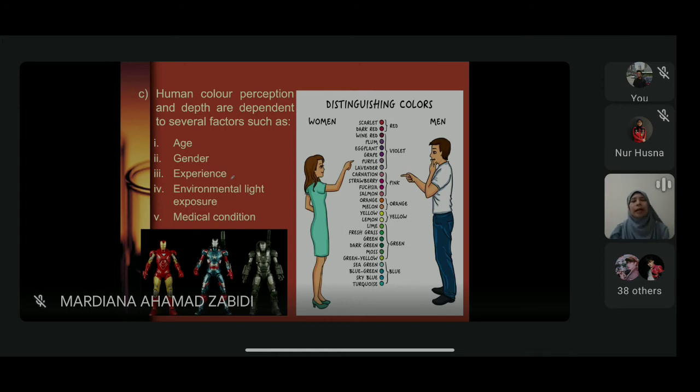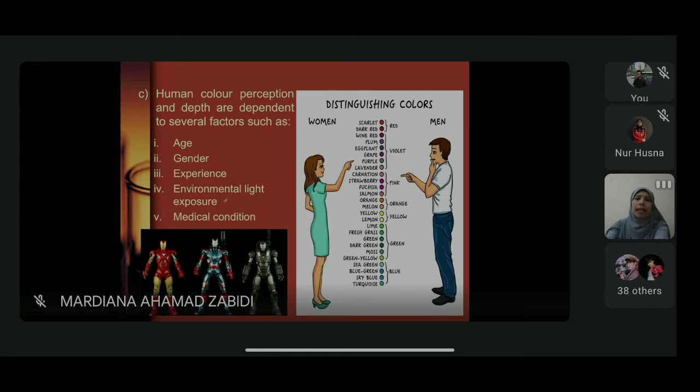So that's why I mentioned just now, subjective color measurement can be taught to individuals so that they have better experience. When they have better experience, their color perception will give better results as well.